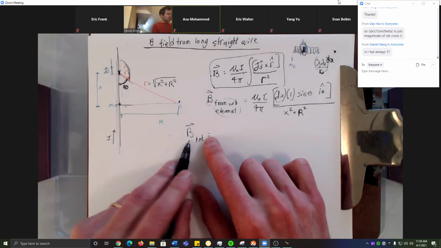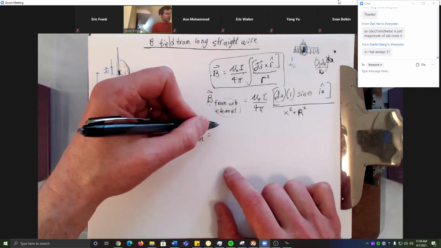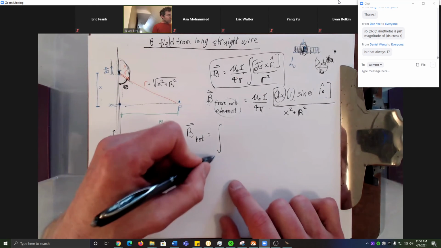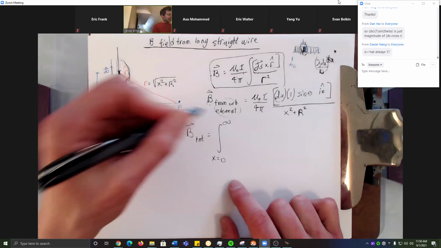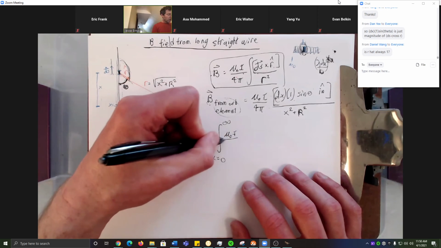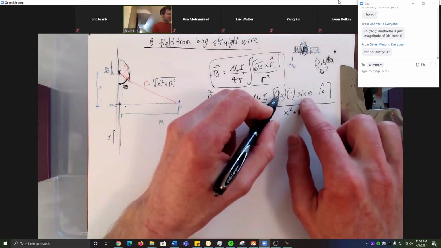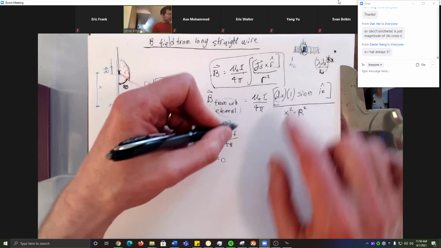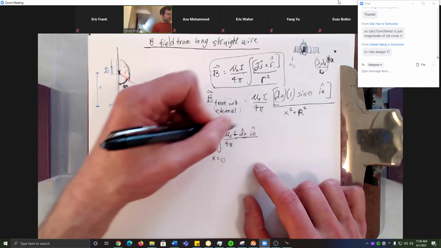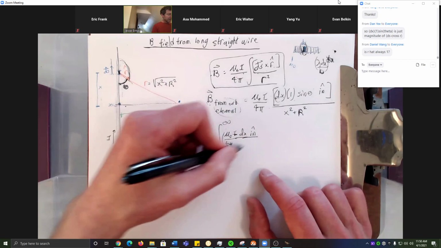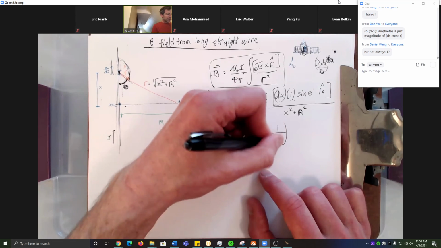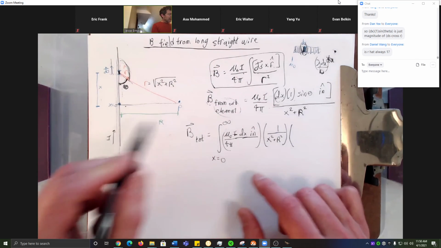Right. Okay, so B total is going to be the integral. I'm going to do a little cheat. I'm going to say from x equals 0 to infinity of this: mu naught I over 4 pi, let's get rid of the dx, get rid of the 1, times dx times in hat, times 1 over x squared plus r squared times sine of this angle.